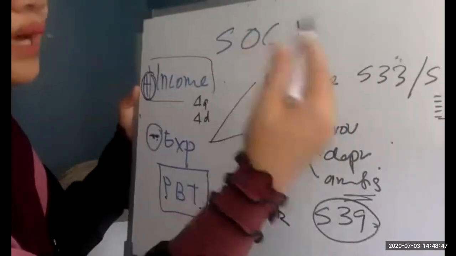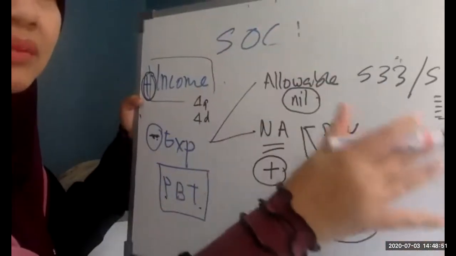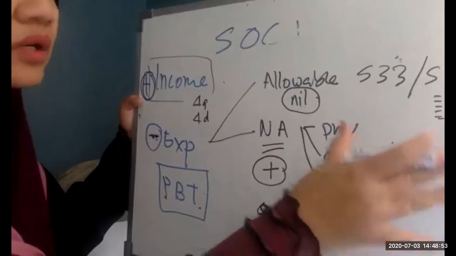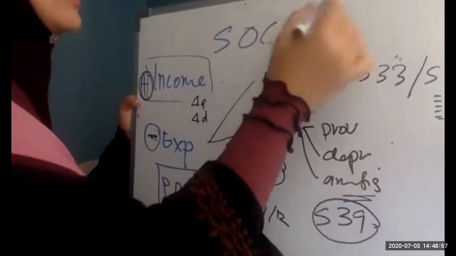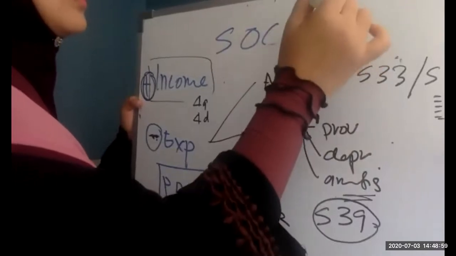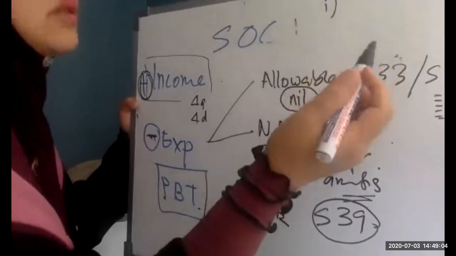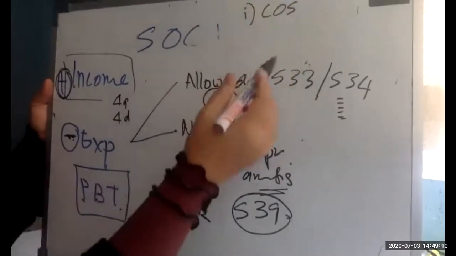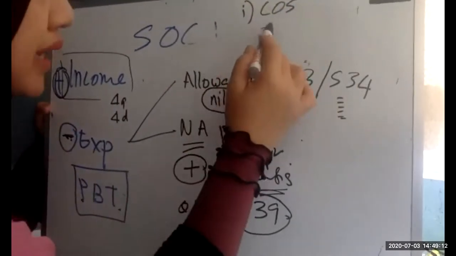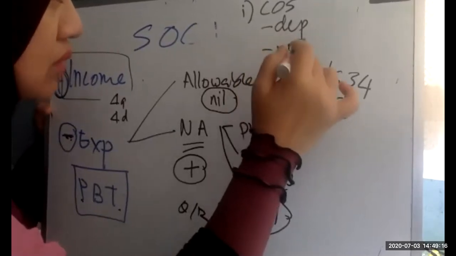And remember, when you answer your corporate tax question, every item in the notes must appear in your answer. So maybe you have the SOCI and then you are given note number 1. Note number 1 talks about, for example, cost of sales, and under cost of sales you have depreciation, and then you have provision for stock.